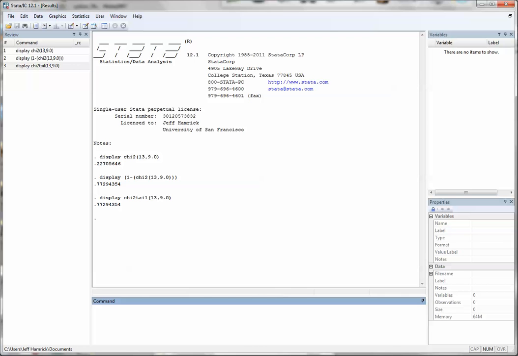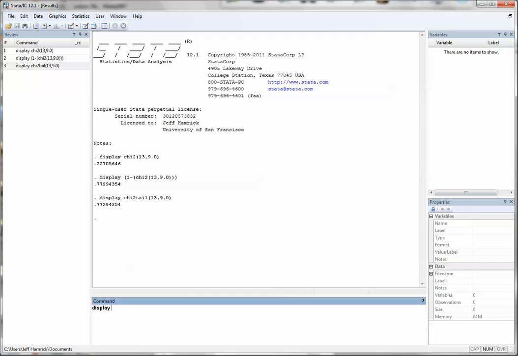There are two inverse functions that are analogous to chi2 and to chi2 tail. Suppose I want to find the point on the x-axis such that 5% of the probability mass underneath a particular chi-squared distribution is to the right of that point.